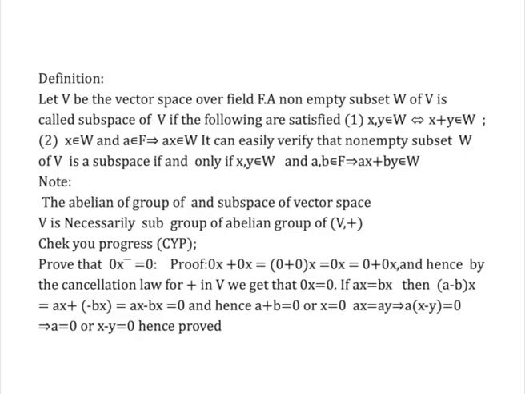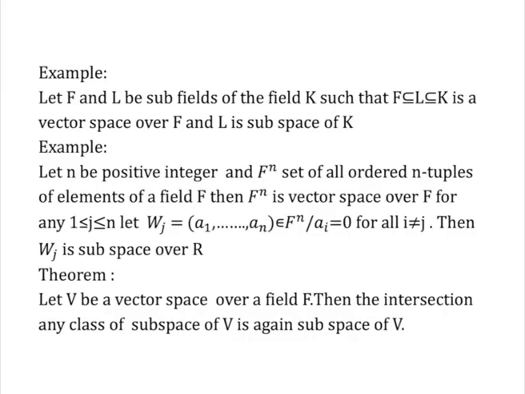If ax equals bx, then (a minus b)x equals ax plus (minus bx), which equals ax minus bx, which equals 0, and hence a minus b equals 0 or x equals 0. If ax equals ay, then taking a common, a(x minus y) equals 0, which implies a equals 0 or x minus y equals 0. Hence proved.